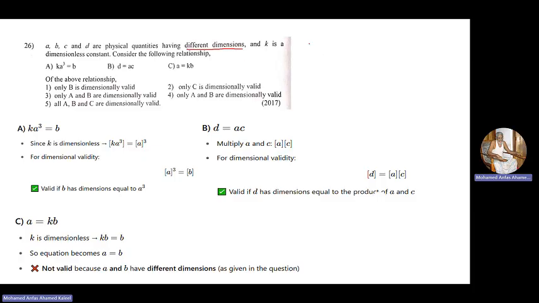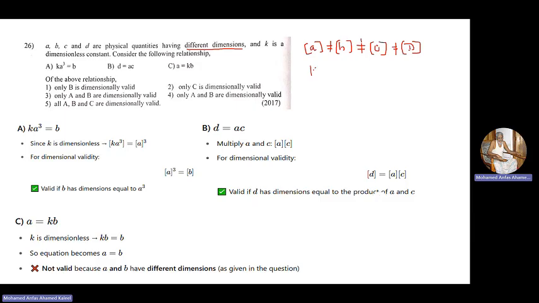It means the dimension of A is not equal to the dimension of B, C, or D. And K is a constant.